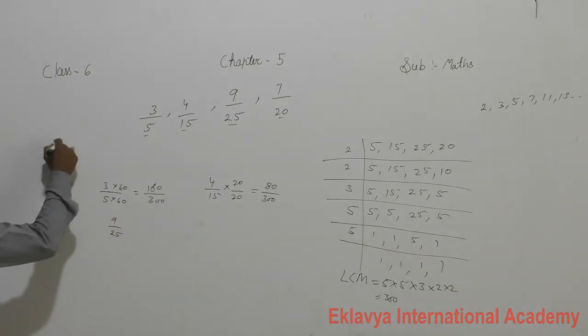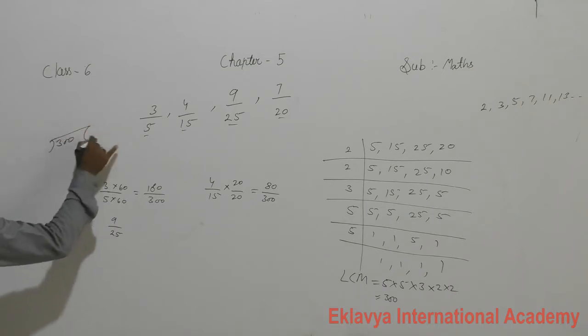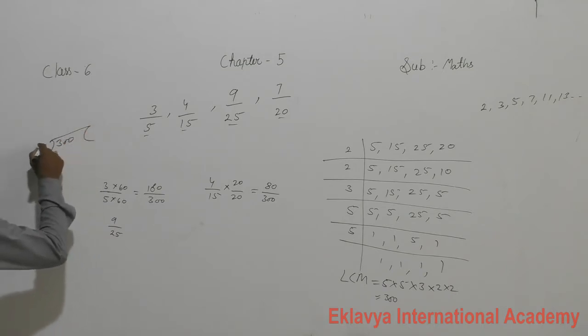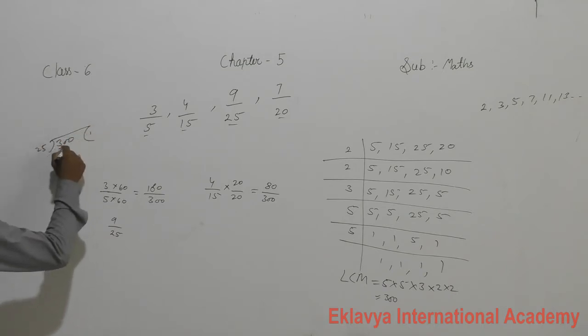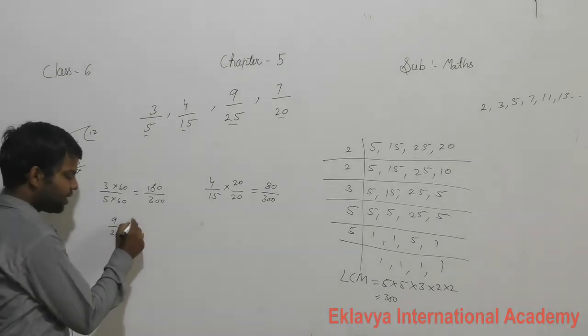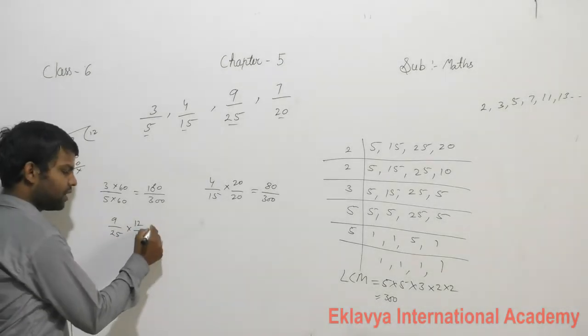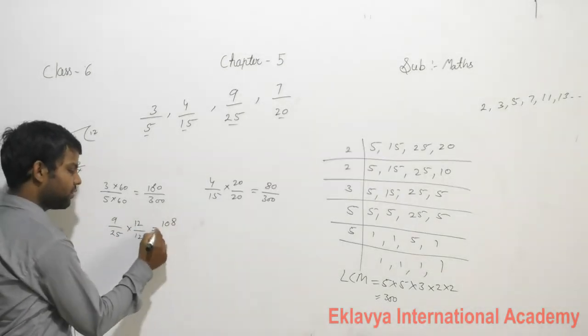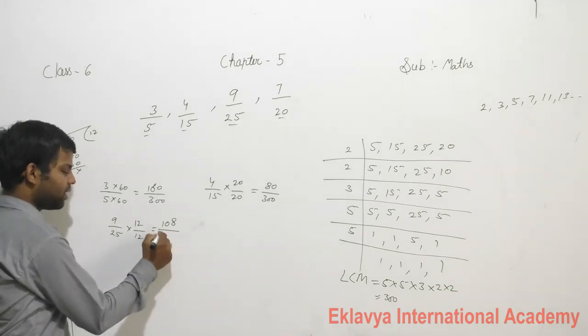If 300 is divided by 25, we get 12. So both numbers are multiplied by 12: 12 times 9 is 108, and 12 times 25 is 300.